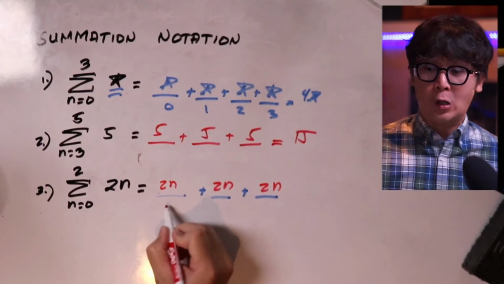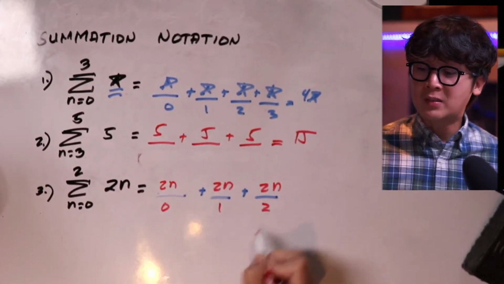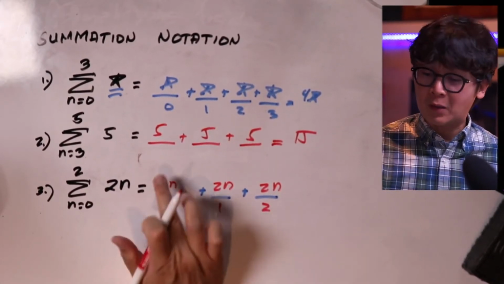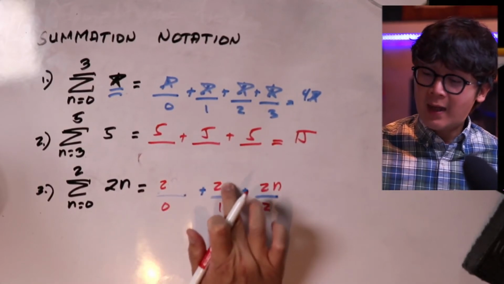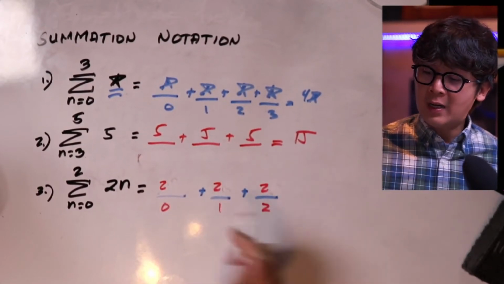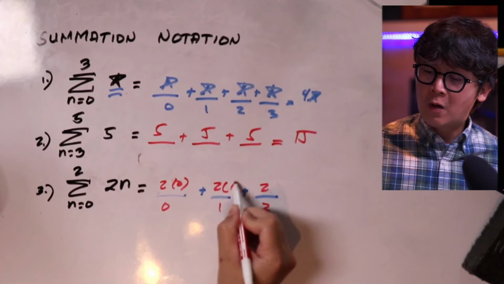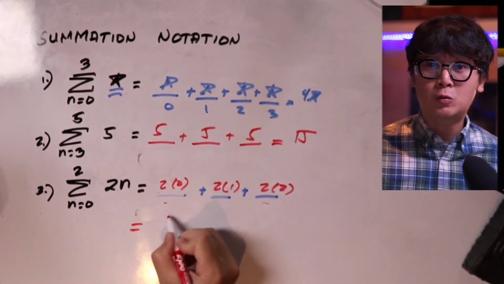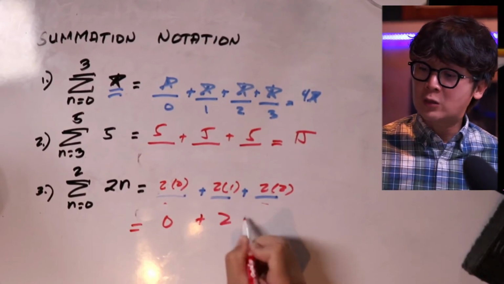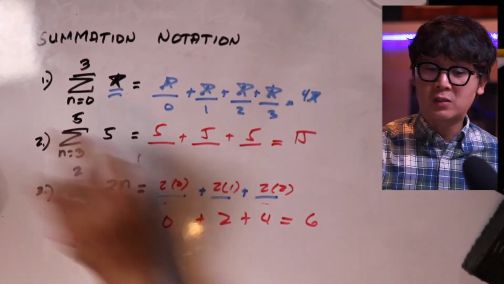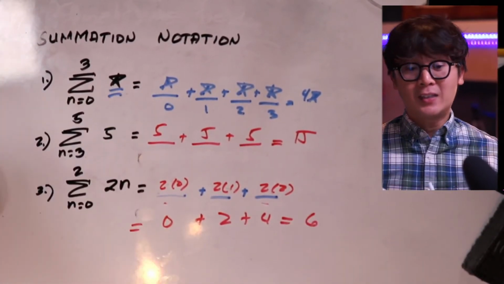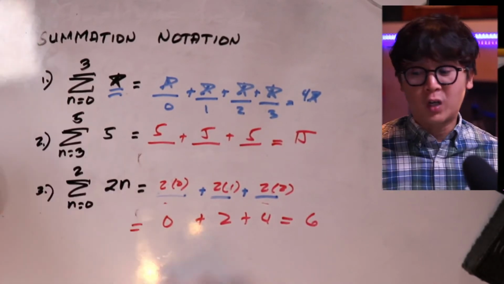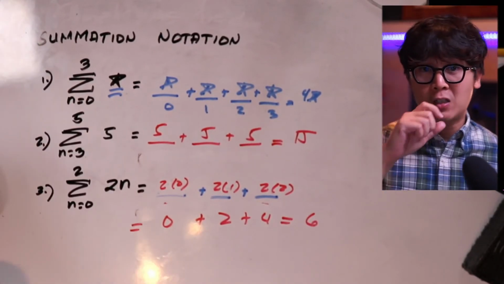Since our limits go from 0 up until 2, n will be replaced by 0, 1, and 2. So we're adding 2 times 0, which is 0, plus 2 plus 4, which is equal to 6. This is how we work on problems involving summation notation.